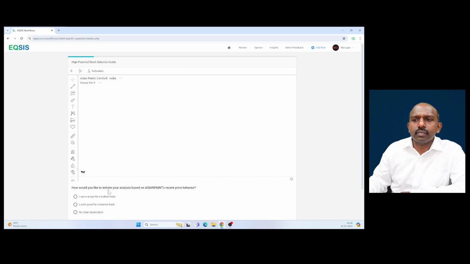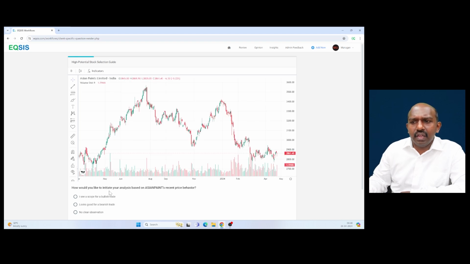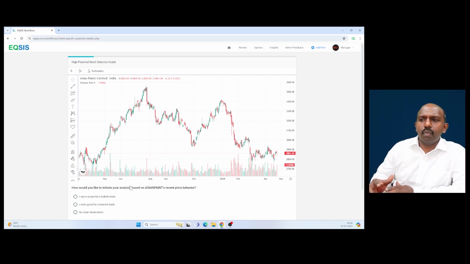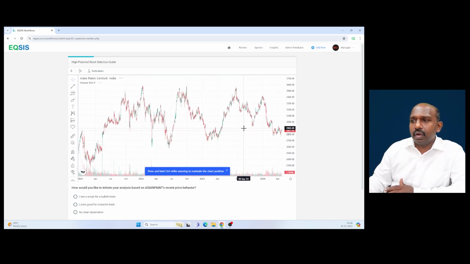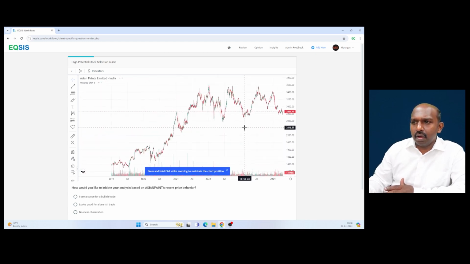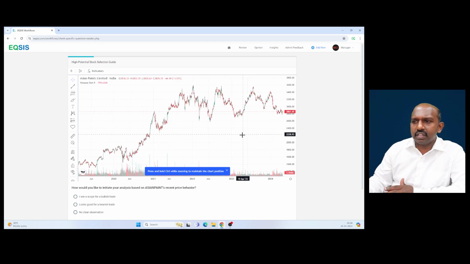Okay. How would you like to initiate your analysis based on Asian Paints? Now, as I keep telling you, if you really want to take a stance, you have to take a bullish or a bearish view. If you take this picture from a longer term, it is always a good practice to see the longer term picture.